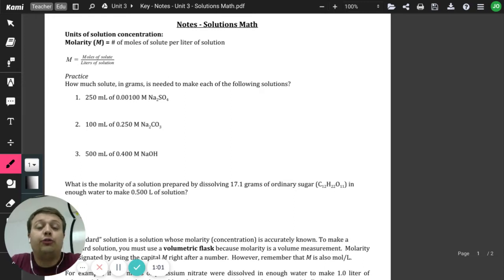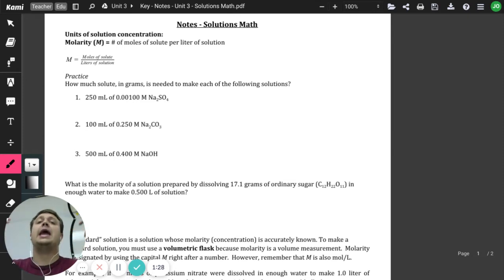Okay, so starting off, concentration. Our word for concentration in solutions is molarity. And so for molarity, remember that molarity is moles of solute per liter of solution, specifically 1 liter of the solution. So we're looking at the solute in comparison to the whole thing, all of the solution. All right. And so keep that in mind.